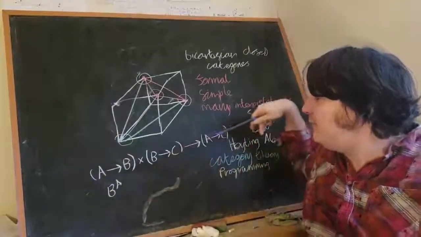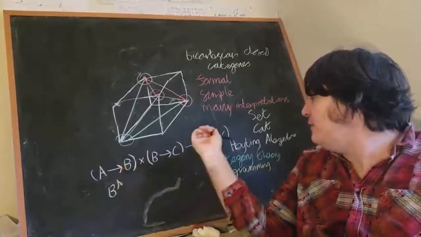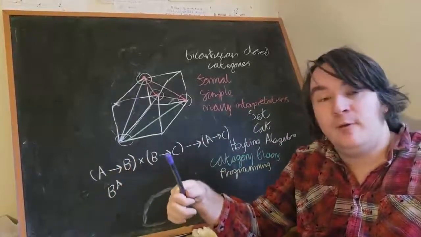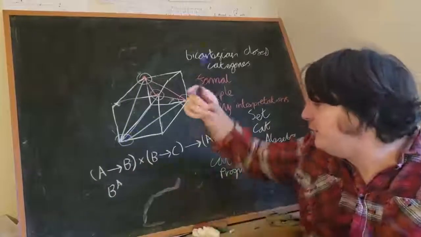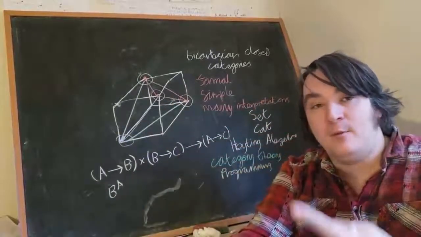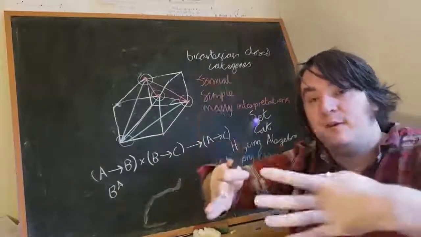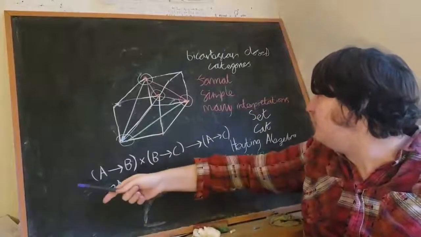Now I'm not going to get into the details yet because it's too early, but notice here that we're using ideas of products and exponential objects, and it turns out that we can express this sophisticated idea of function composition using these notions.